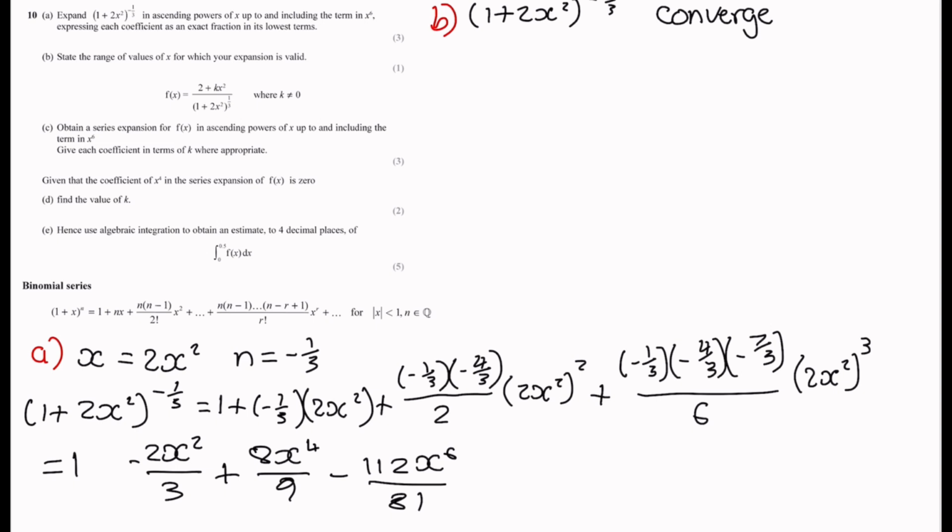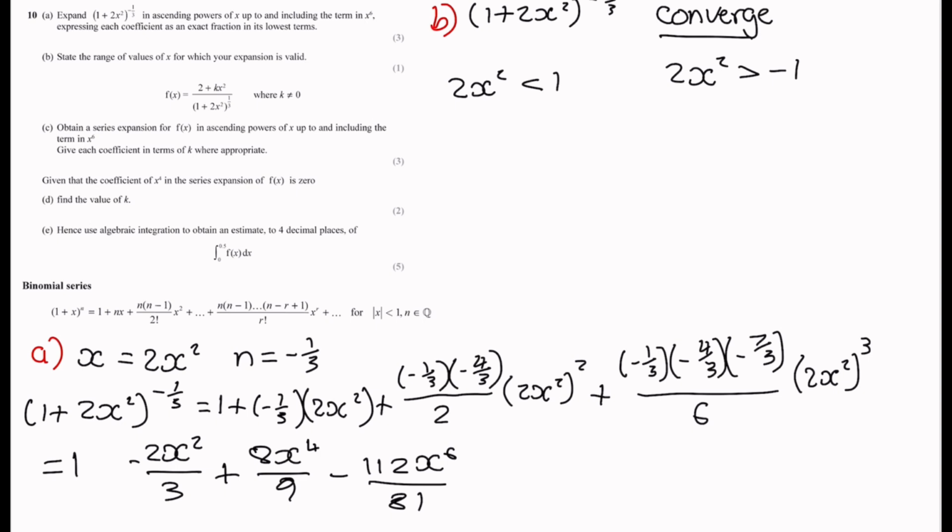So for it to converge, we need this value to be a fraction, to get smaller and smaller and smaller. So this value of 2x squared must be less than 1, and greater than minus 1. Otherwise our expansion will not converge.